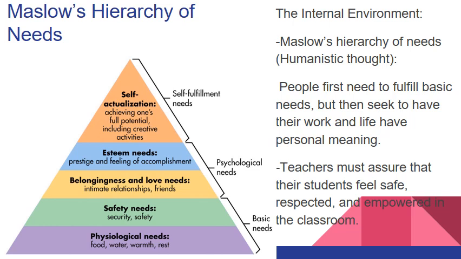Maslow's hierarchy of needs states that humans must first meet their basic physical needs of food, water, rest, safety, and security before people start to focus on higher, loftier goals that are in the far reaching future, such as academic performance, fulfilling one's full creative potential, and feeling a sense of self actualization.